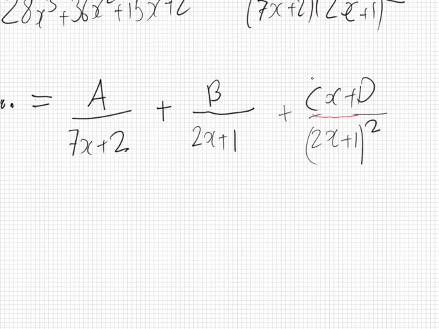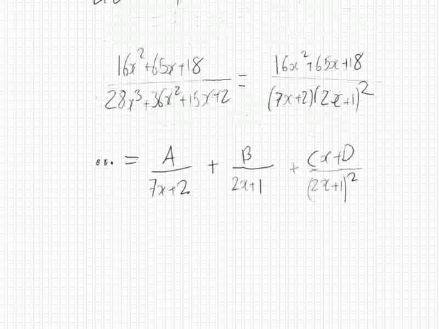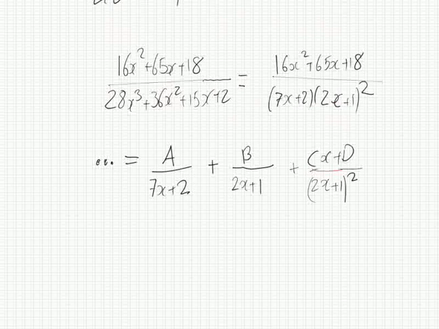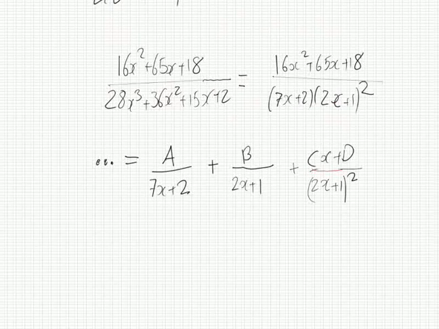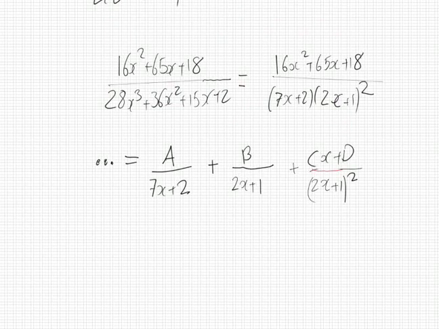Right, so now we'll go ahead and see what answer we get. Okay, so you've noticed on the left I just left dot dot dot there. But you know what I do next? What do I do next? I multiply by the 3 factors. So you get the idea. What's going to happen is, what happens to this denominator here? It cancels. So I'll just be left with 16x squared plus 65x plus 18.